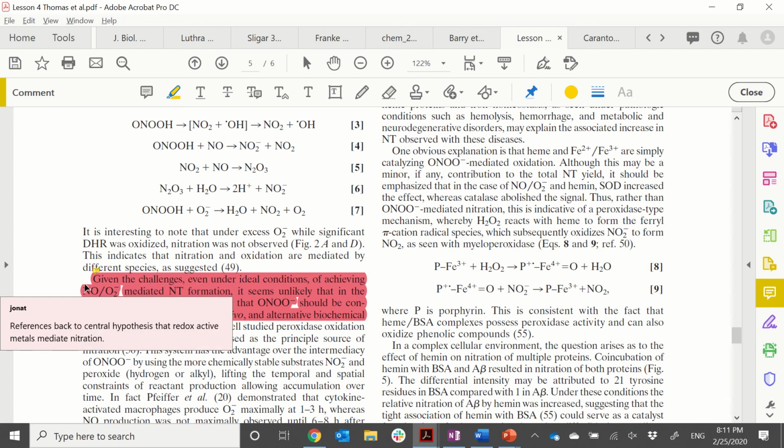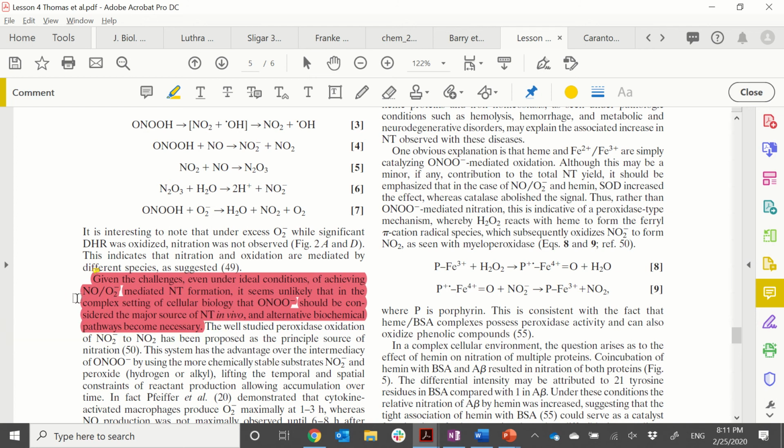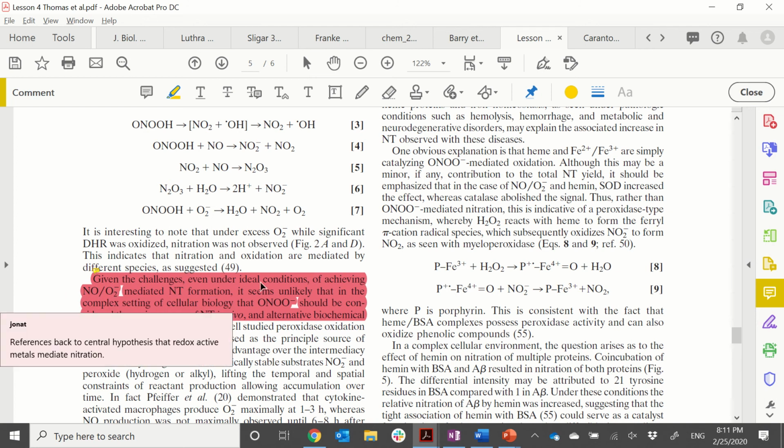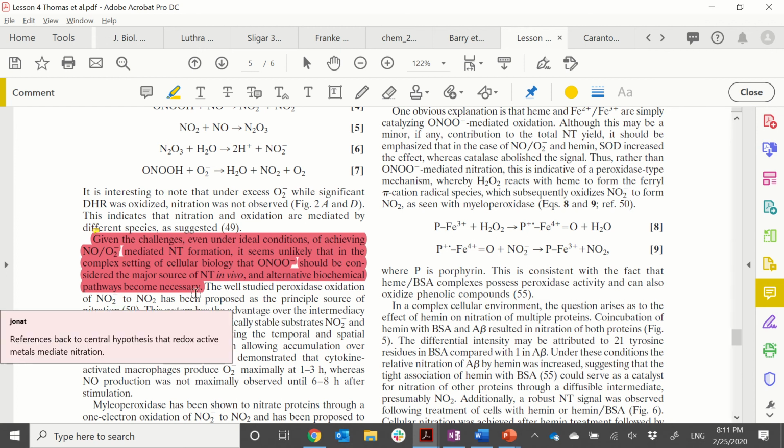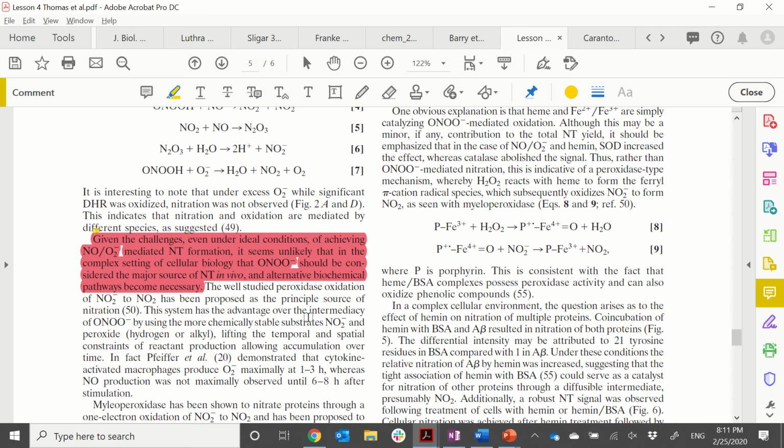So they even restate the central hypothesis here, where they say, "given the challenge, even our ideal conditions, it seems unlikely that in the complex setting peroxynitrite should be considered the major source of nitrotyrosine in vivo, and alternative biochemical pathways become necessary." So this is a restatement of the hypothesis statement that we identified.